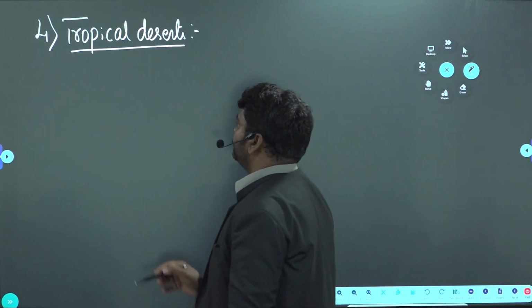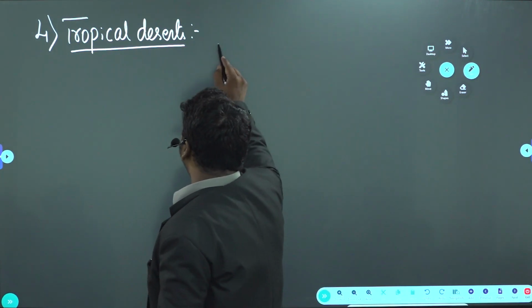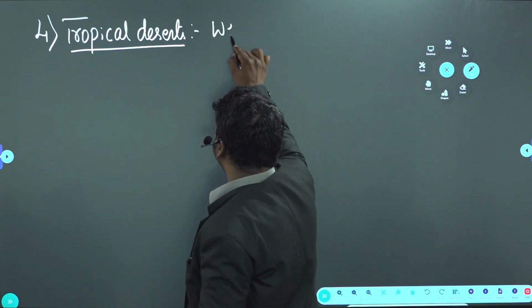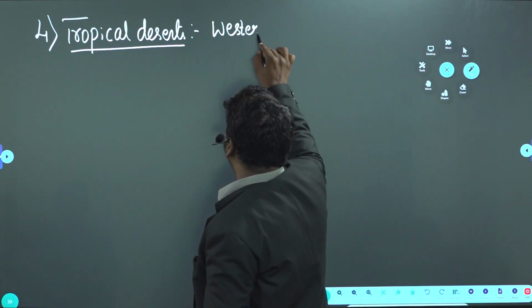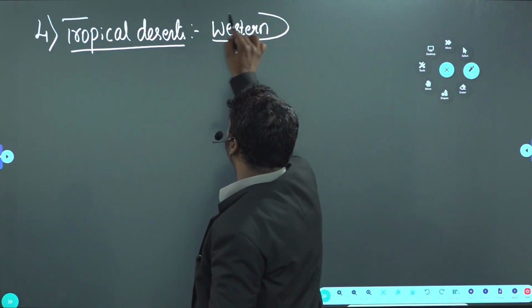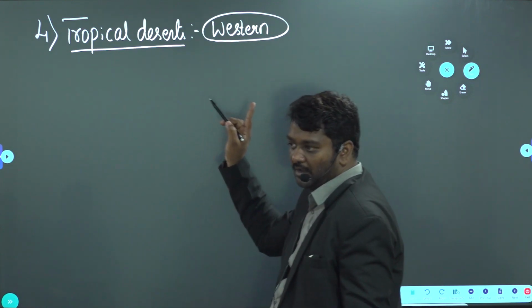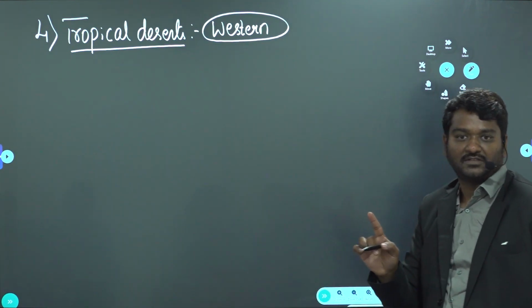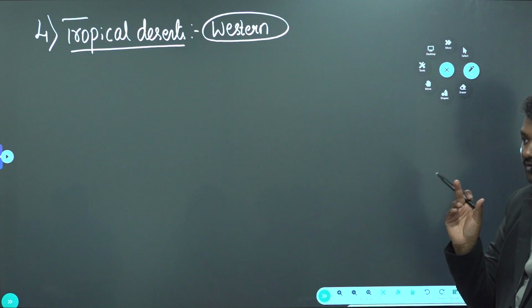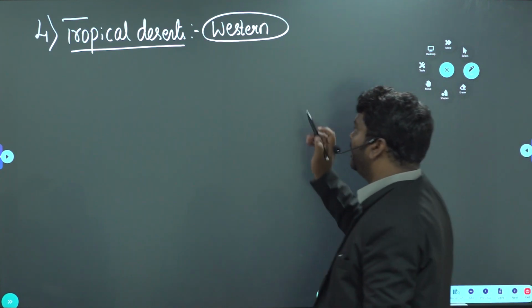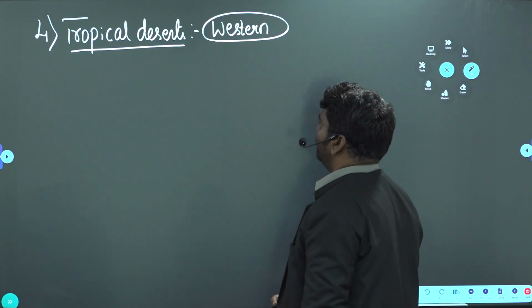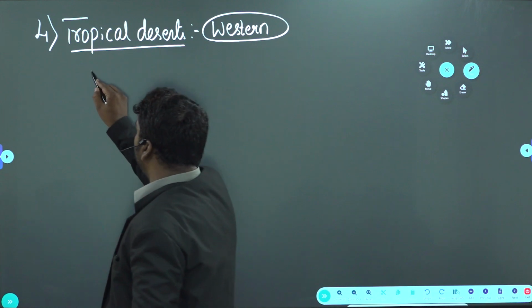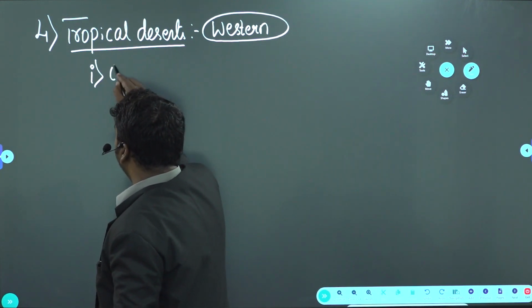Tropical deserts. Which side of the continents are they present? Western. Please look at this. They may change this to eastern. Eastern side of the continents, deserts are present. Just be careful. West and east. They do mistakes in this. Western. And what are the three reasons for this?